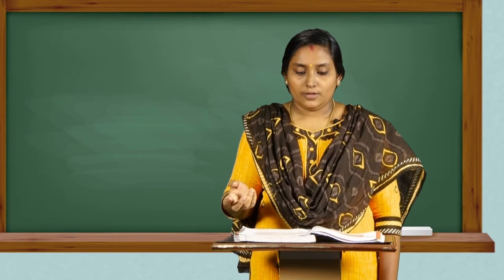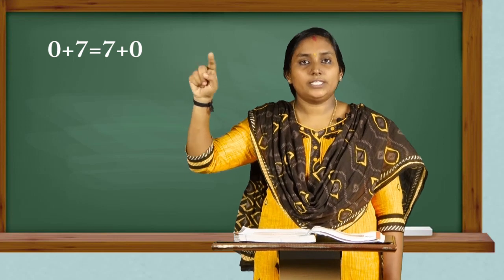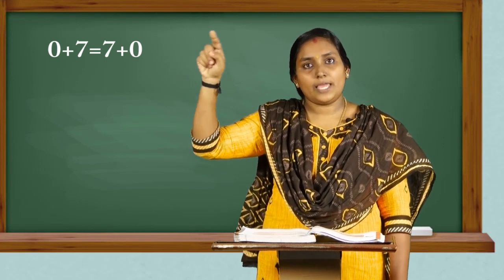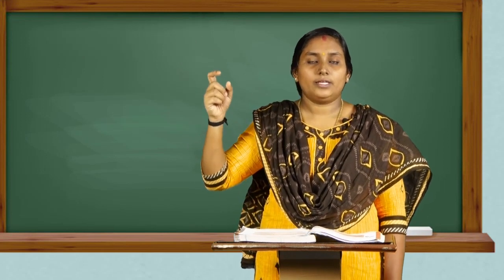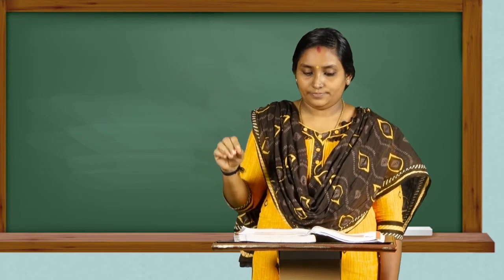Let us see the commutativity property. In the commutativity property, can we check the whole numbers? In addition, 0 plus 7 is equal to 7 plus 0, which gives the same answer, 7. It is a whole number.